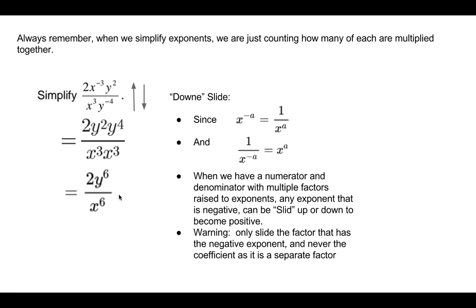And that's actually done. Now they're combined together. If some y's were on the top, some y's were on the bottom, they could cancel out. Same with the x's, similar to what we did in rational expressions. And that's really what we're getting to. But the 2, the x, and the y, they're all separate.